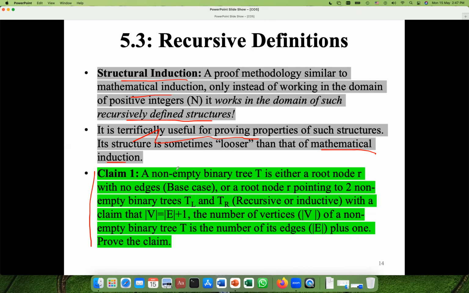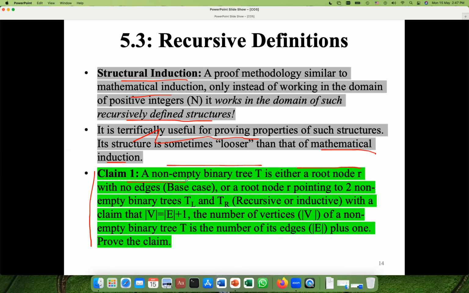So what is this saying? It is saying that we have a non-empty binary tree. What is a binary tree? One which has 2 children on each node. So a non-empty binary tree T either has a root node R with no edges. So that is the base.